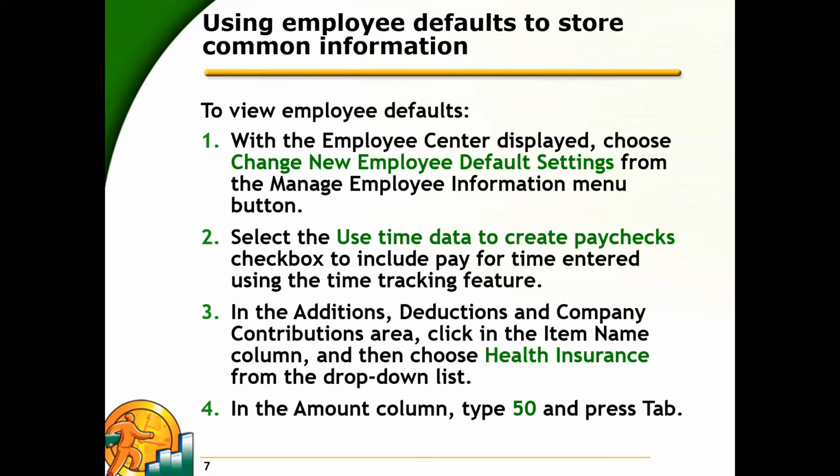In addition, in the deductions and the company's contribution area, click on the item name column and then choose health insurance from the drop-down list. Health insurance within QuickBooks is another subsection, and I'm not going to dig too deeply into it here, but once you have it established and set up correctly, it's simply a matter of going into the menu and choosing the specific health insurance that you have set up for your employees.